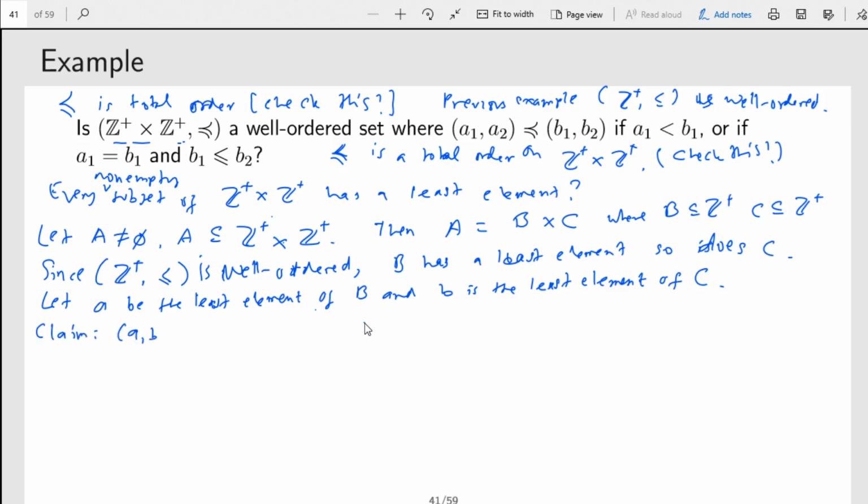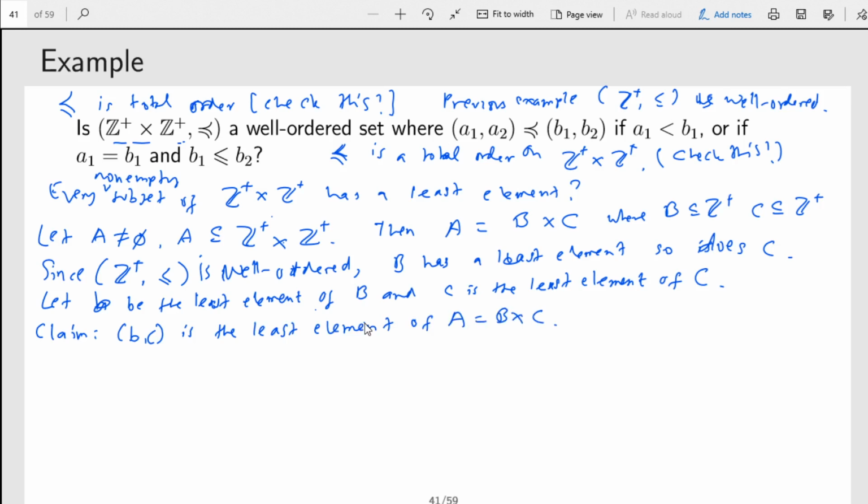So our claim is that the pair b, c is the least element of the set A, which is this.